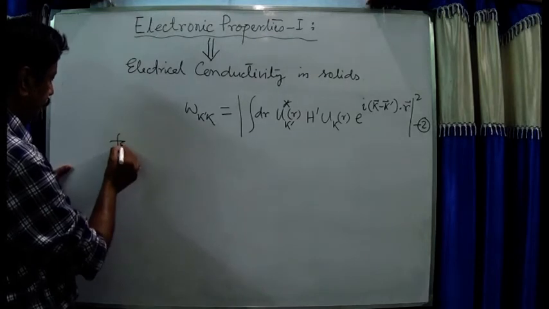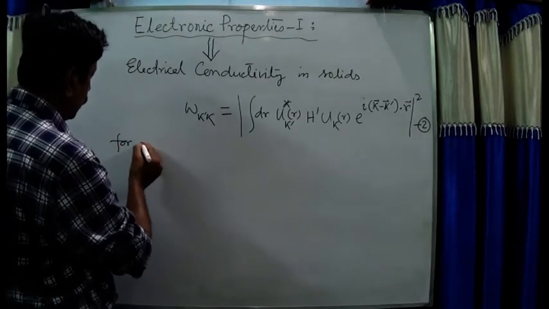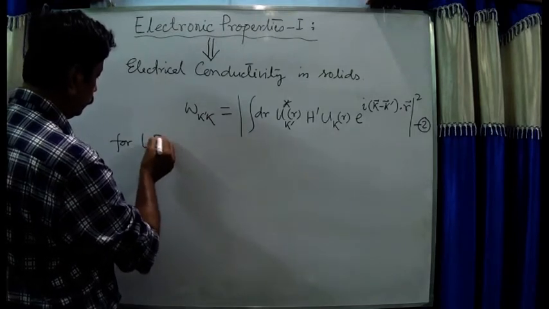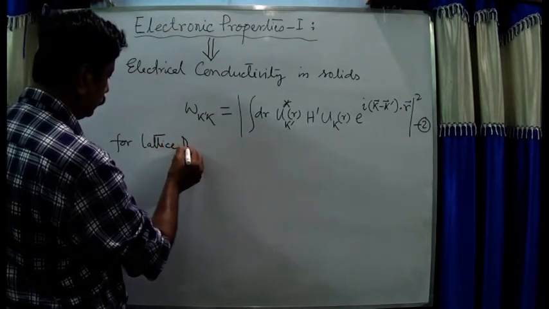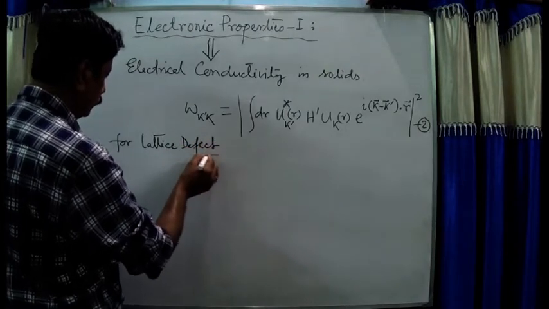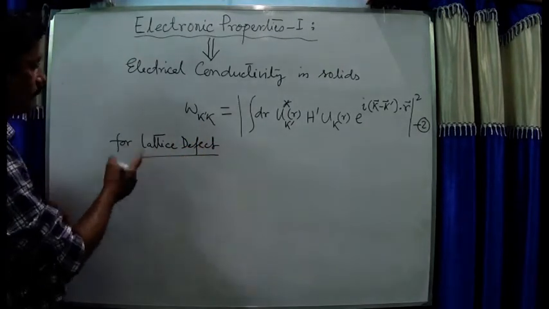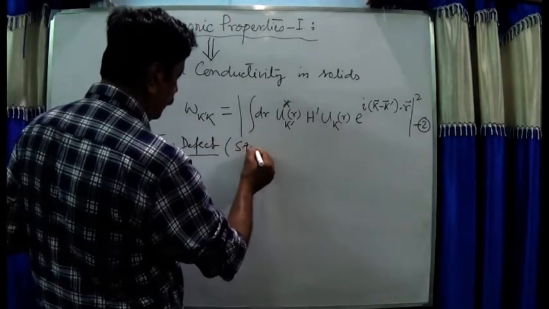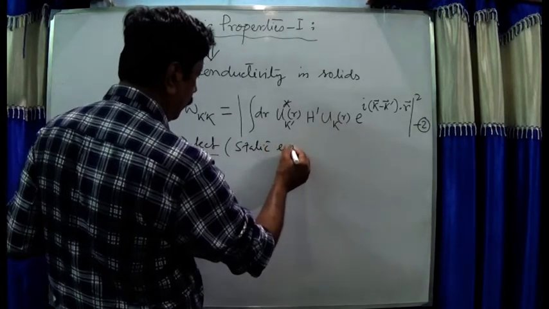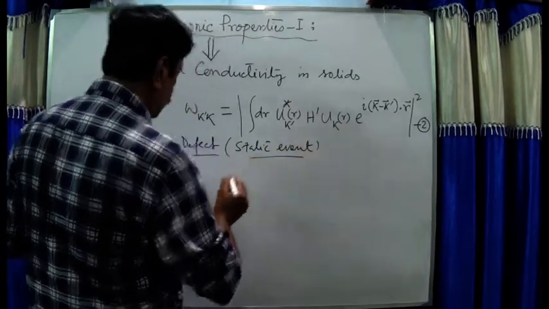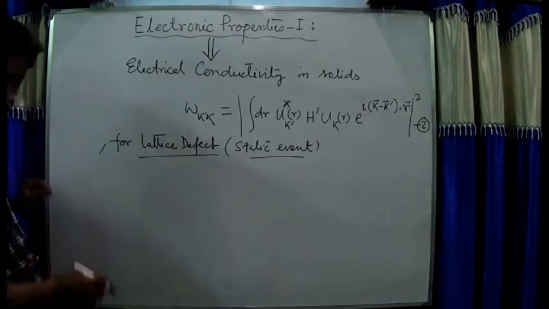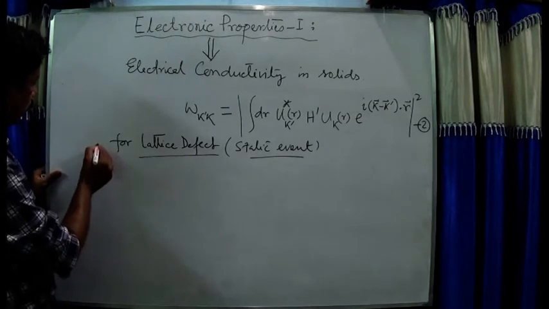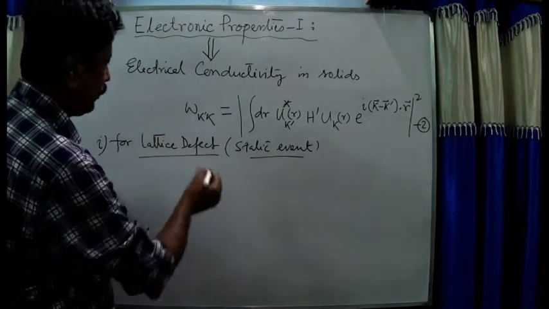For lattice defect, that is scattering from lattice defect, it is a static event, for which our Hamiltonian must be time independent.